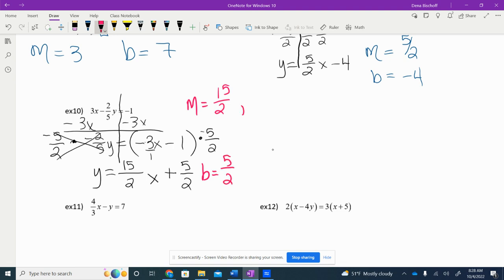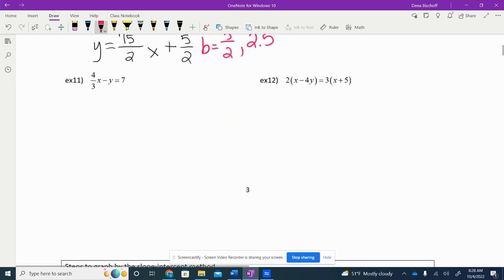If you love decimals, could you turn those into decimals? 15 over 2 is 7.5. 5 over 2 is 2.5. Because a lot of you guys are using your calculator, and your calculator automatically defaults to decimals. Okay. All right. Example 11.